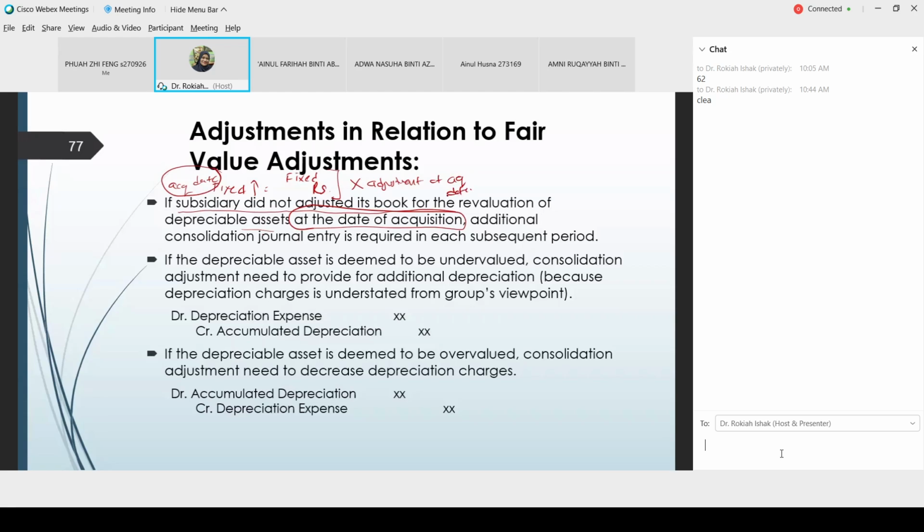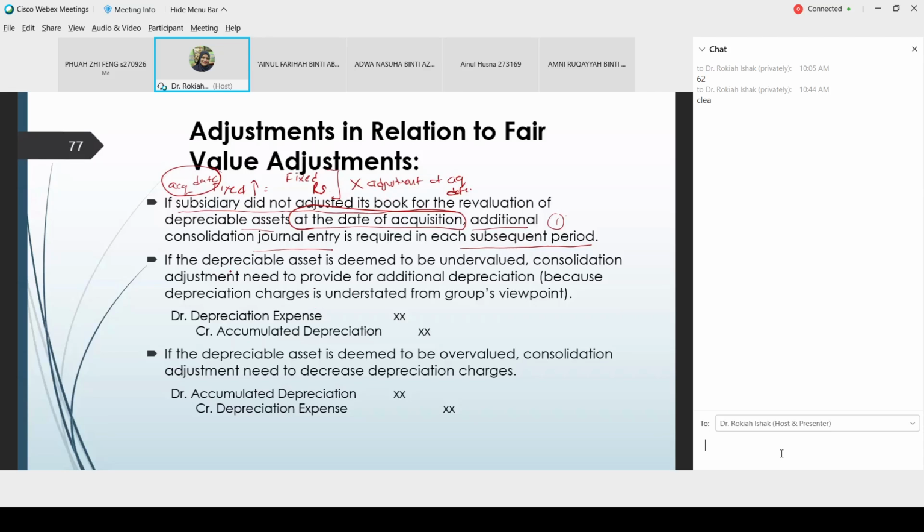So once the subsidiary does not prepare the adjusting entry to recognize the revaluation surplus or adjustments of the revaluations of its asset, we need to add an additional consideration journal entry. Yeah? So for each subsequent period, we need to prepare the additional journal entry to record for a revaluation which is not yet recorded at the date of the acquisition.